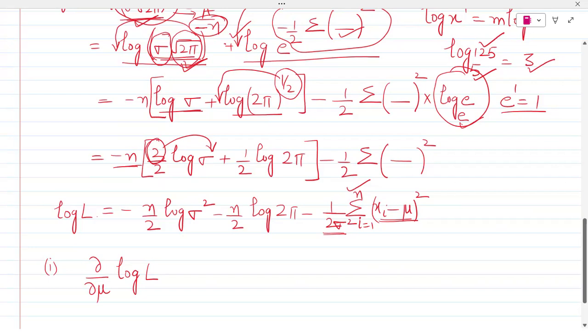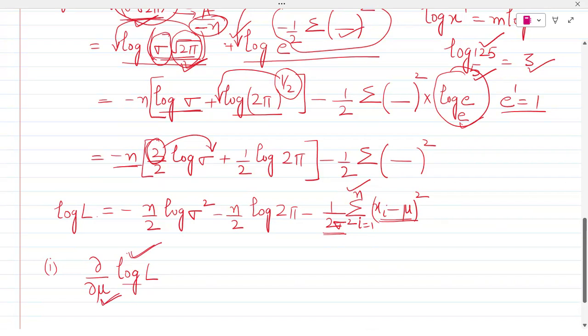Because in the first part, I want to find the value of the unknown parameter mu. I want to find or estimate that value of the unknown parameter mu which maximizes log L, or hence L. So that's why the derivative of log L with respect to mu.